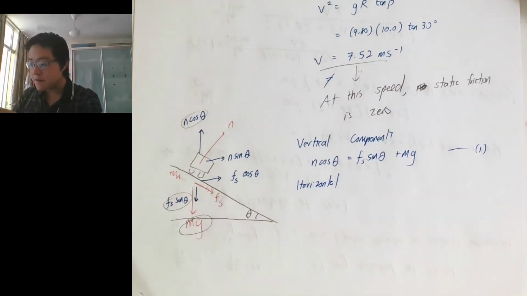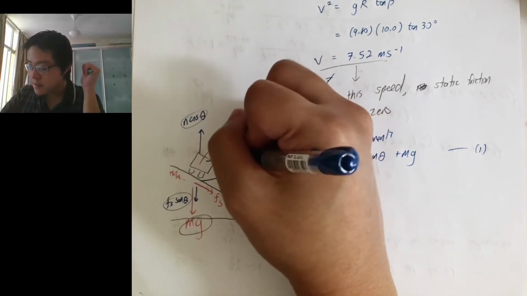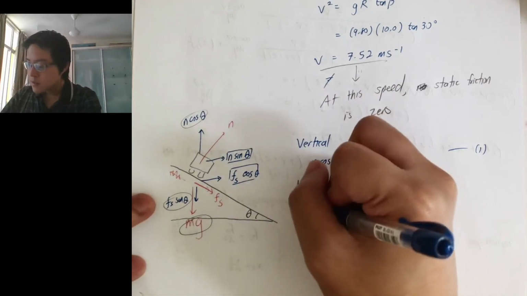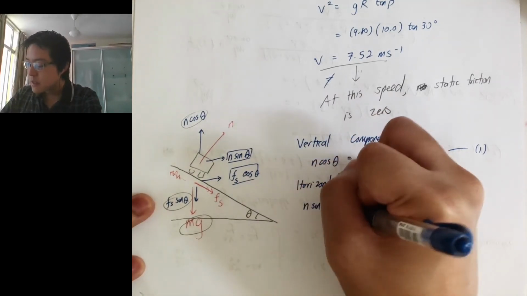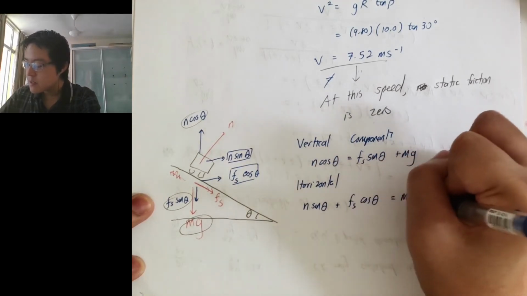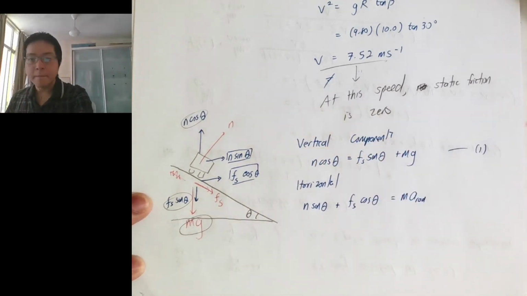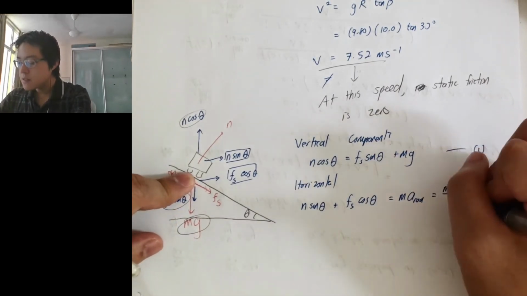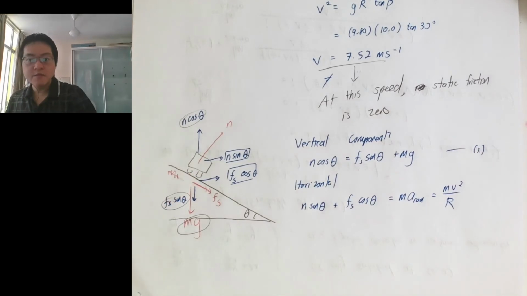The horizontal forces are only these two. So I have n sine theta plus Fs cos theta equals mass times acceleration by Newton's law, and this is the radial direction, so this is m v squared over r, the radius of my circular motion.